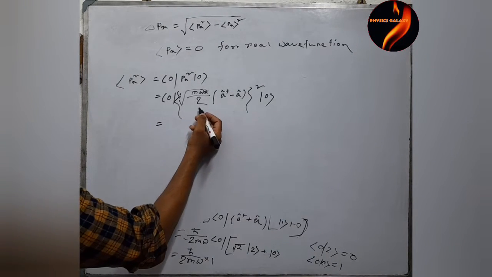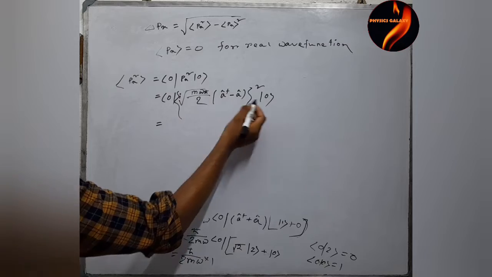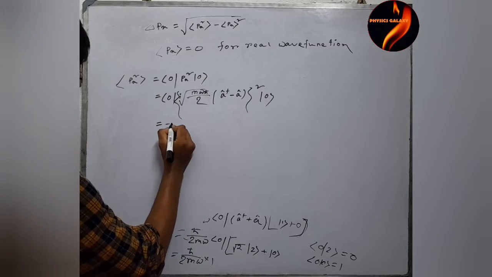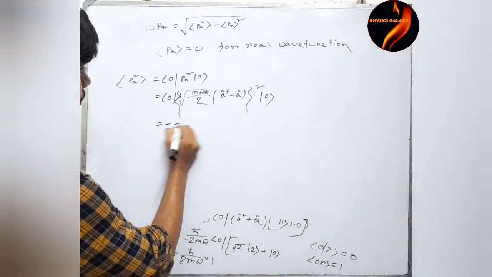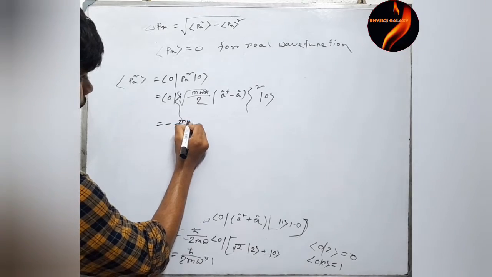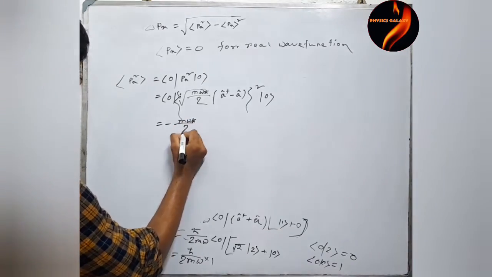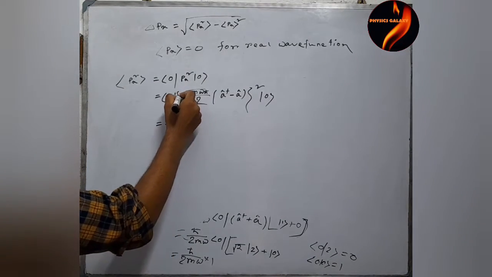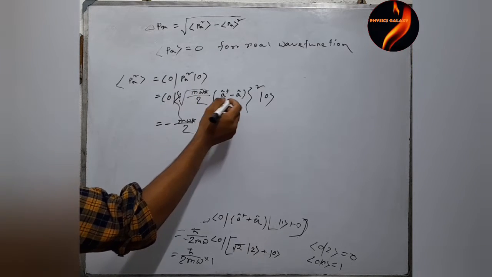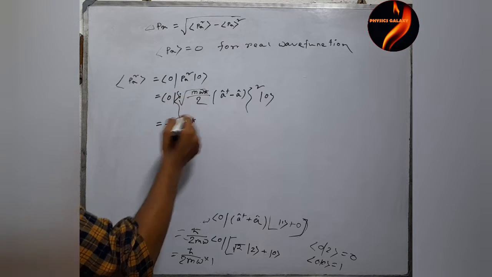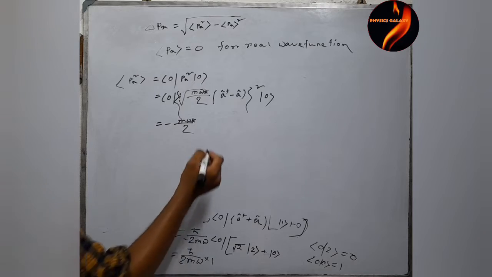And if we take these constants out of the bracket notation, we get mωħ by 2 minus mωħ by 2, because here the iota is present. So if we take the iota square, then a minus sign arises.